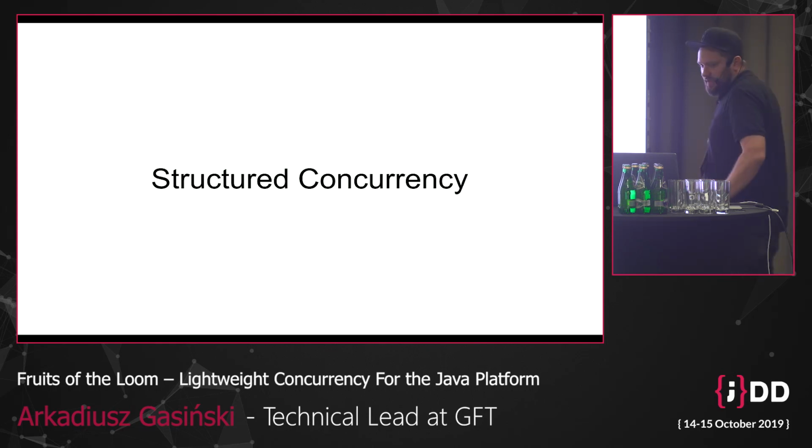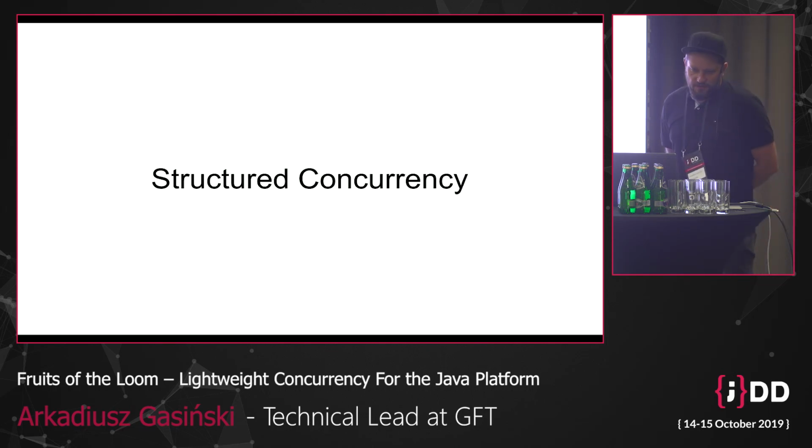And so the last key item of the theoretical part is something that we call structured concurrency. And like I've mentioned, this is a hot topic nowadays. It's been explored by many different languages and platforms currently.